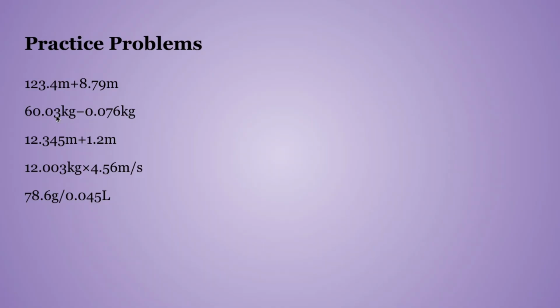Next here, same thing. The least amount of decimal places is 2 decimal places because it's 0.03 as opposed to 0.076. So you put it in your calculator to get 60.106. Since you're only using 2 decimal places, you would just round to 60.11.